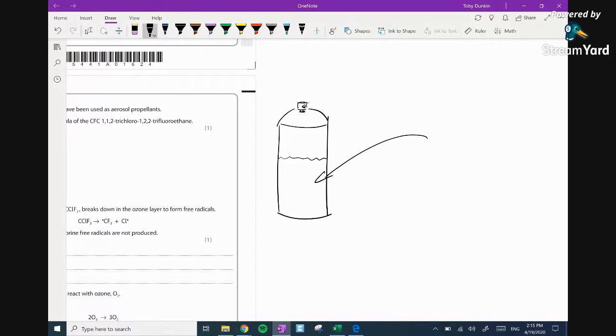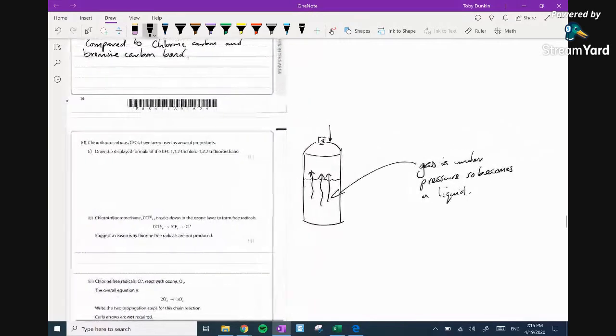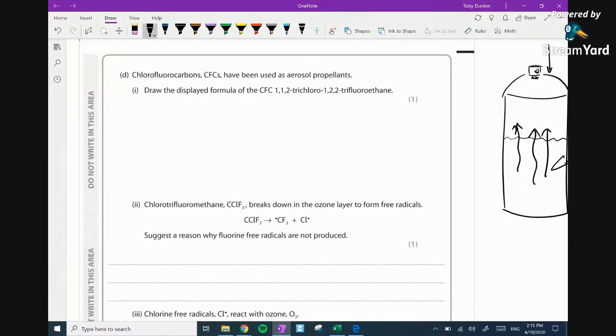So the gas is under pressure, so it becomes a liquid. And then when you press the button down, you release the pressure and it boils. And CFCs have got boiling points very close to room temperature. That's why they were ideal. By the way, they're terrible for the environment, terrible for the ozone layer.